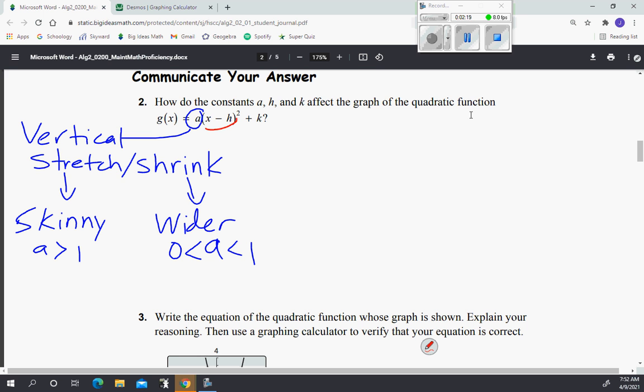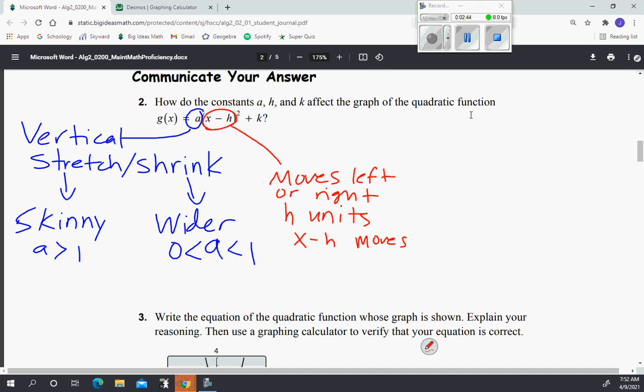Okay, this x minus h moves it left or right h units. Remember, if it's x minus h, it moves right.